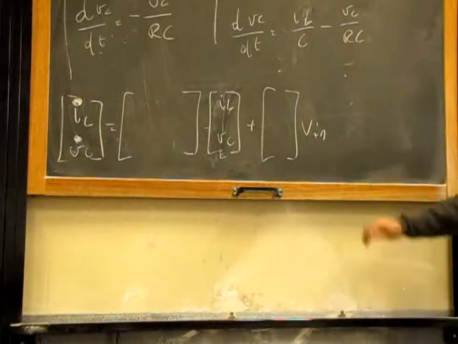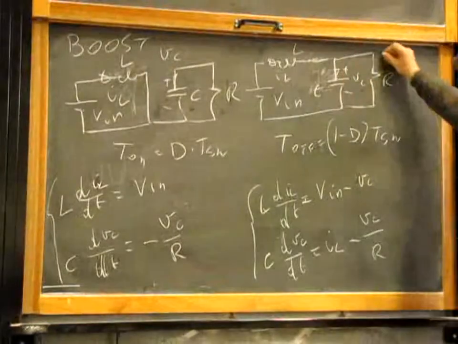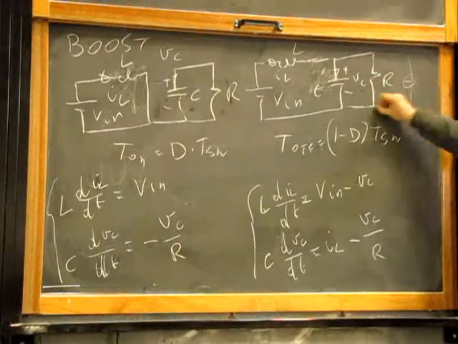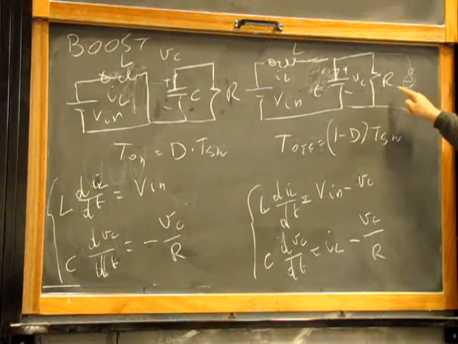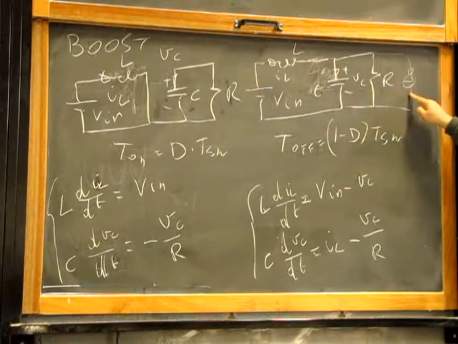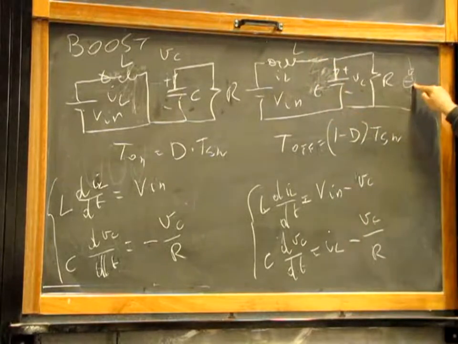If your load was not just a resistor, but a resistor plus a current sink, that means a general linear network, then besides Vin you have to add I naught.